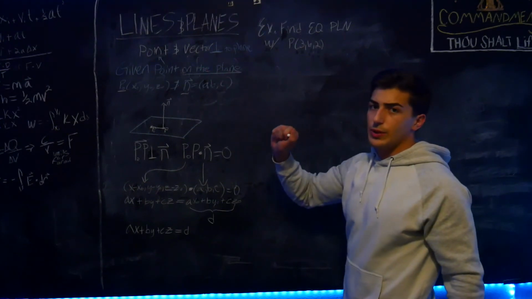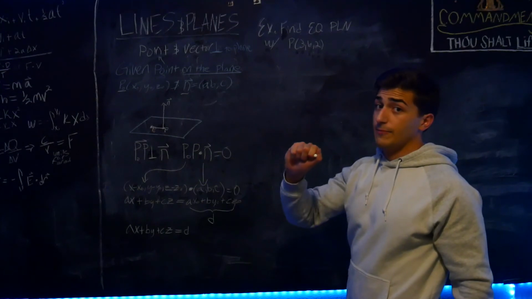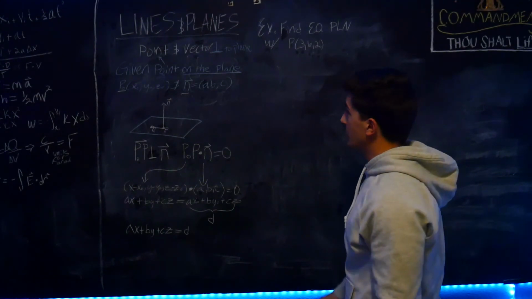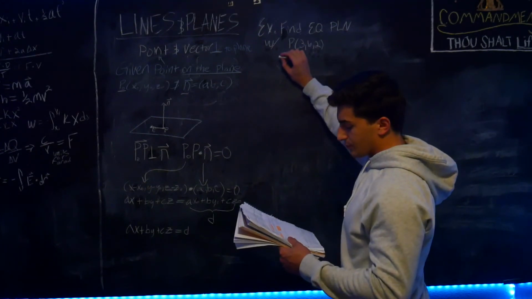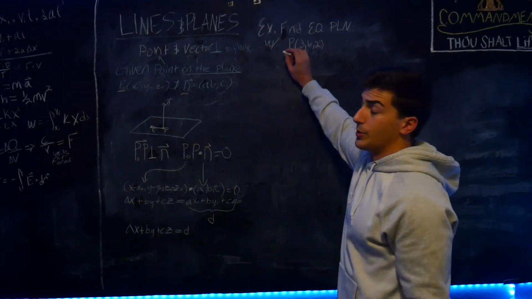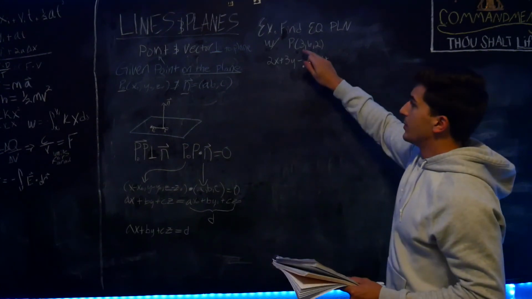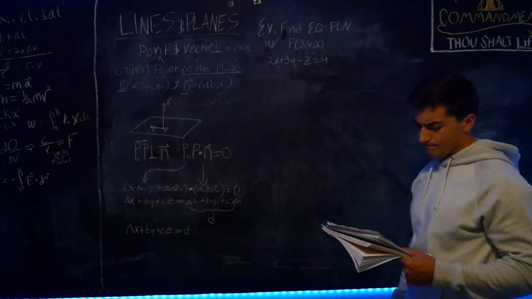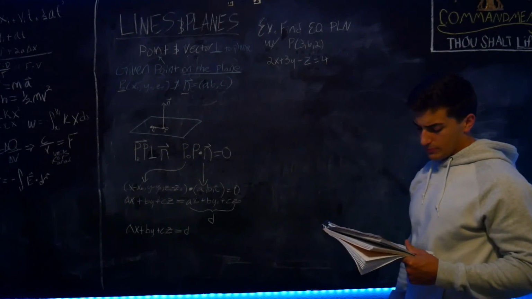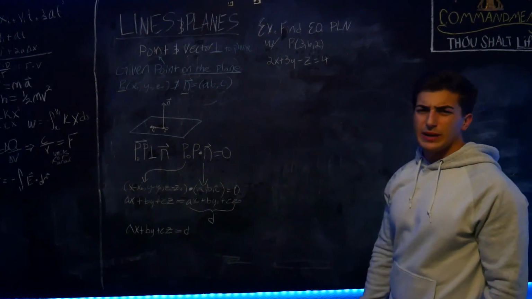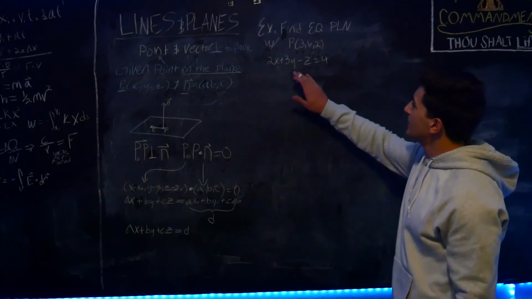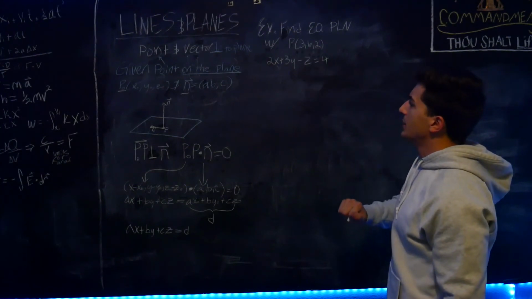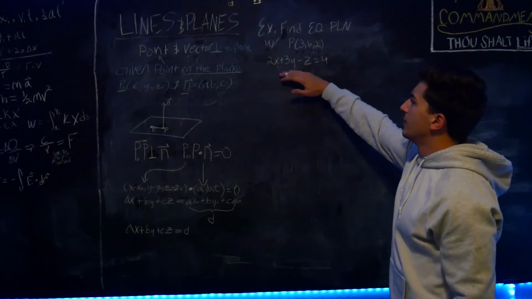What is the other thing we need? A point and a vector, but not just a vector, a vector perpendicular to the plane. But here's the curveball. We're given a point and we're given that. So now we're like, what the heck? We're supposed to find an equation of a plane with this point and that.